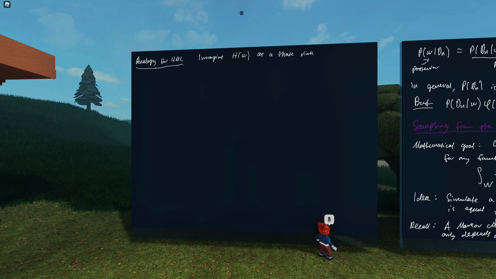Just for a very simple case where you wouldn't really need Hamiltonian Monte Carlo at all, suppose the posterior was a Gaussian distribution, then the Hamiltonian will be just W squared on 2. So the simple harmonic oscillator.